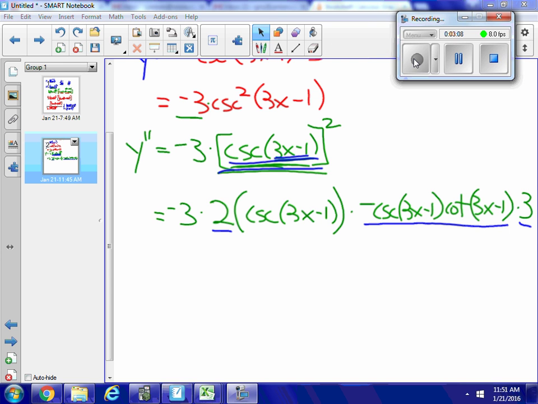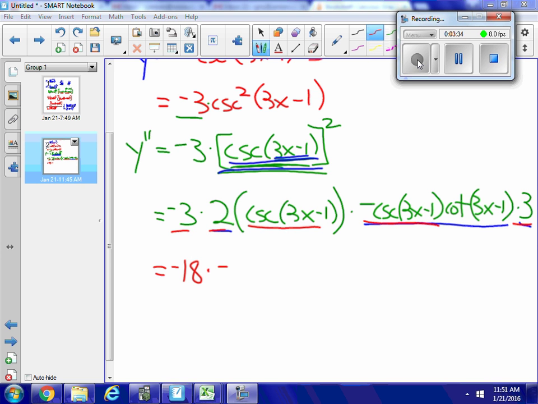So now I'm going to do a little bit of arithmetic to simplify this. I have negative 3 times 2, which is negative 6, times 3. So I have negative 18 times cosecant 3x minus 1 and negative cosecant 3x minus 1.